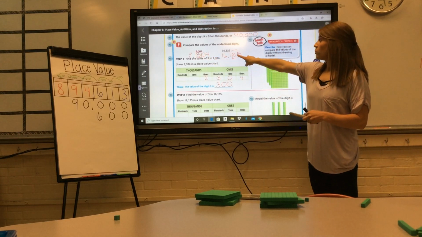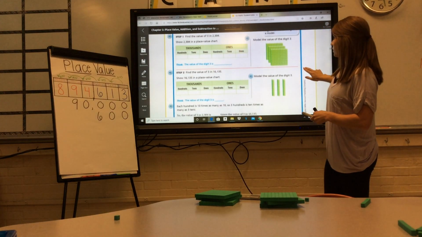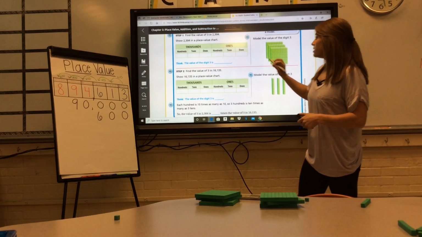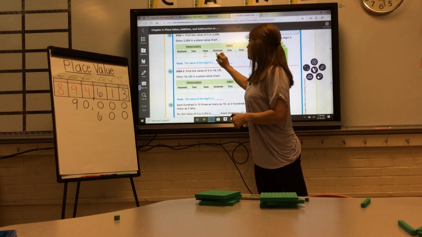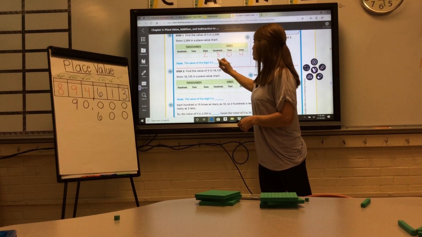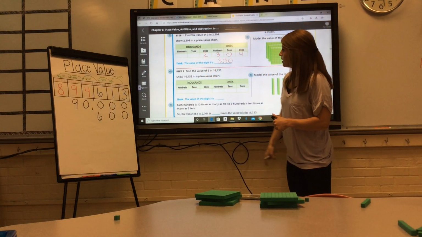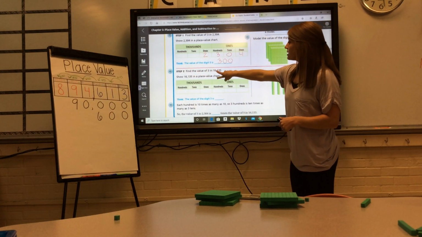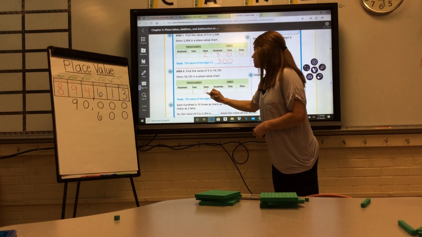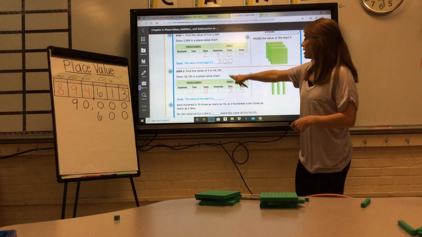Well, now we've got to look at the value of this 3. All righty, I'm going to fill this back in. It's the thing about my TV, whenever I change the screen, it likes to erase all the hard work I've already written down. All right, so now we're going to put 16,135 into this place value chart. Okay, and they're wanting us to look at the 3 here.